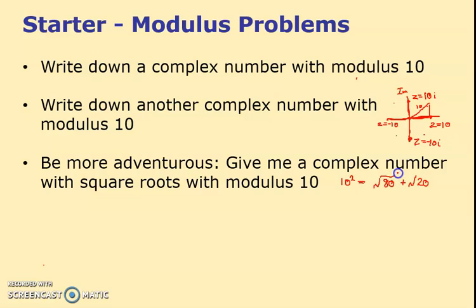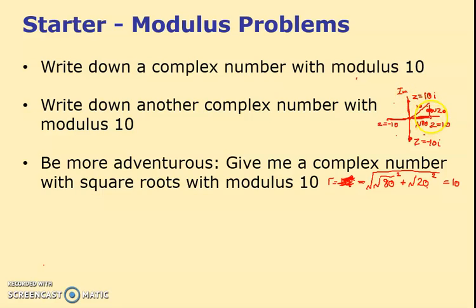When I square them, I'll get 80 plus 20. When I square root my answer, I reckon my answer will be 10. So just made up numbers, root 80 and root 20. Now, if I plot that, it's probably about there.